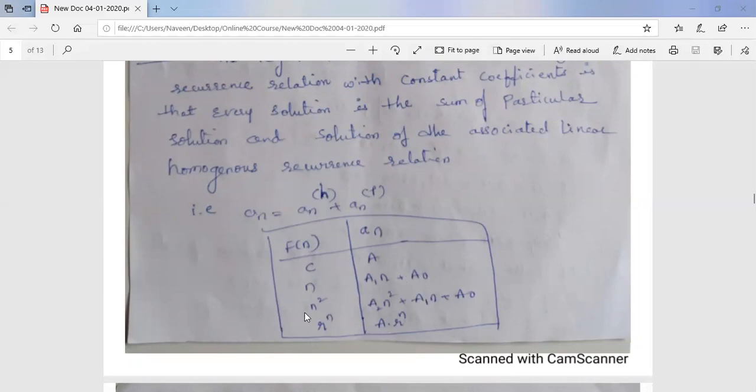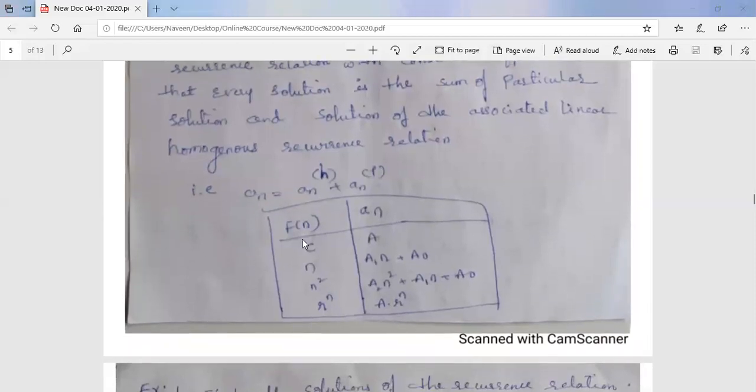When you have a polynomial of degree 2, a2 n^2 + a1 n + a0 will be your particular a_n value. When f(n) is of the form r^n, a_n will be A times r^n. This is the table you have to remember to solve the linear non-homogeneous recurrence relation.